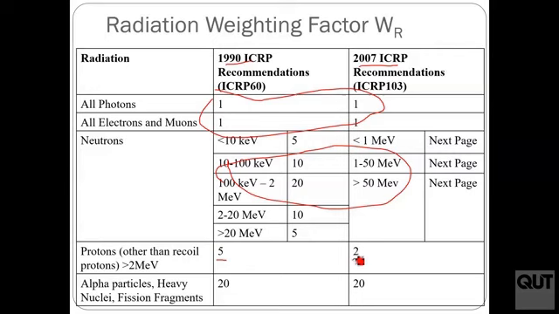This got revised down to 2 in 2007. Alpha particles, 20 in both cases. So alpha particles are considered to be 20 times more damaging than photons. This also includes heavy nuclei, so for example carbon ions, or fission fragments as well.